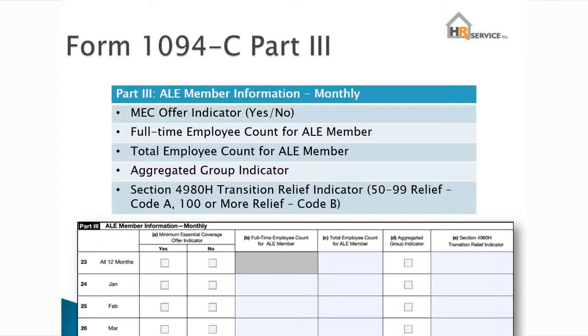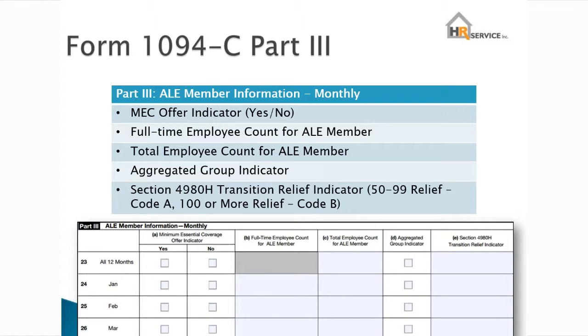In Part 3 of 1095-C, if you offer minimum essential coverage for all 12 months to at least 95% of your full-time employees and dependents, check yes in line 23, or no if applicable. In B, enter the number of full-time employees, not including anyone in a limited non-assessment period, also called a measurement period.